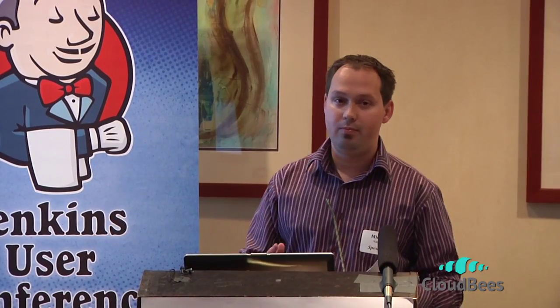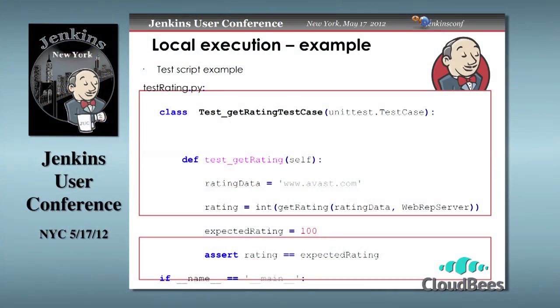So if there is some page with a bad rating, we warn people that if you would like to put a credit card number on this page, it's not recommended because probably the page is not very safe. So this script tests our web app servers and tests the main functionality of web app servers, and it's the rating.